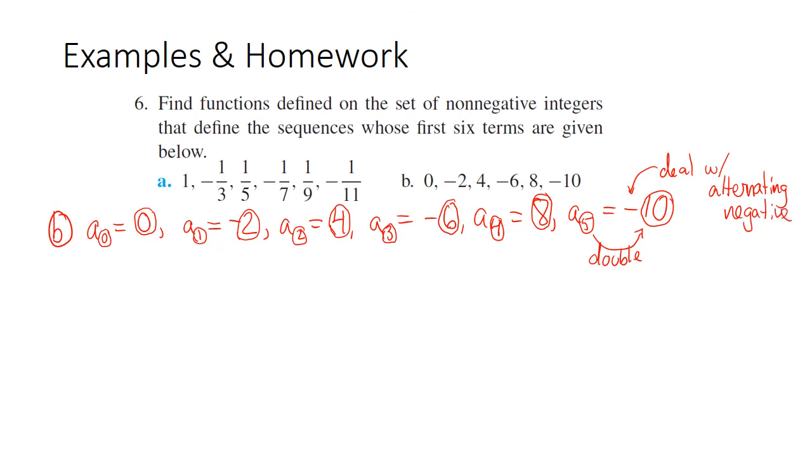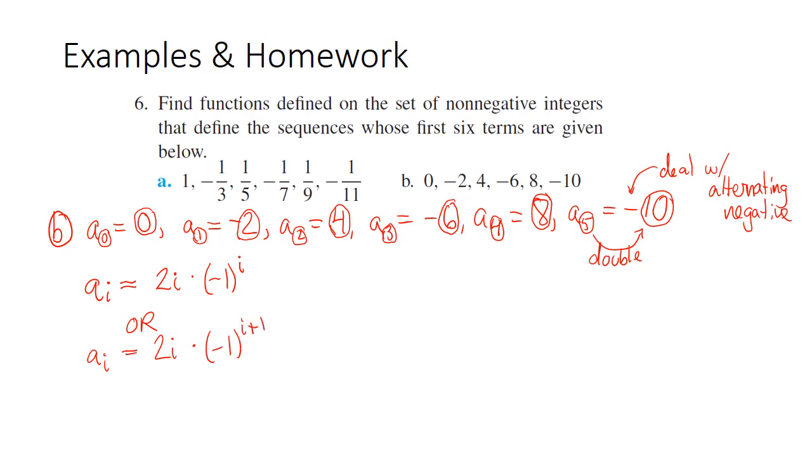We talked previously about how to write a formula that deals with that. Your choices basically are, I'm going to call my general formula a sub i. I can either do 2 times i times negative 1 to the i, or I could write it like this, 2 times i times negative 1 to the i plus 1.